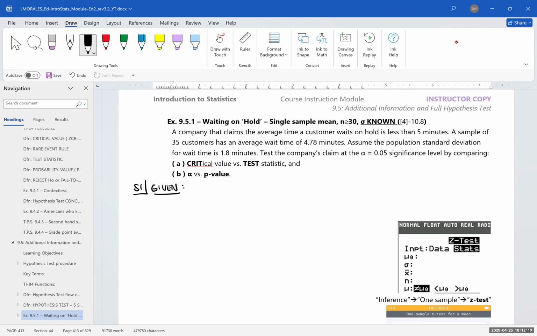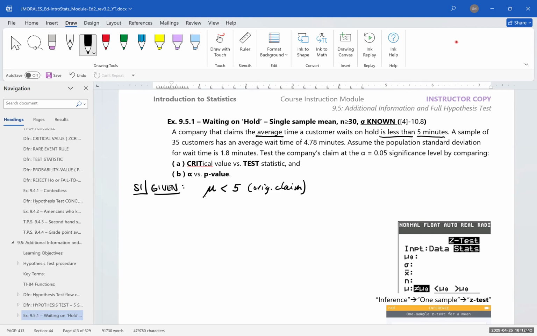A company claims that the average time a customer waits on hold is less than 5 minutes. So what we've got is an average, so that's going to be a population mean, is less than 5 minutes. So that is our original claim.